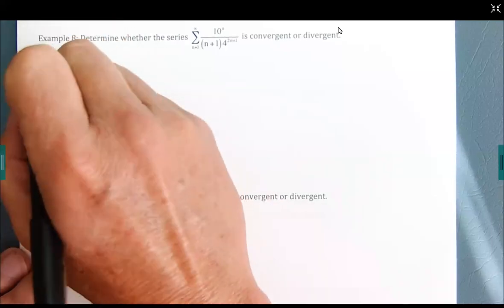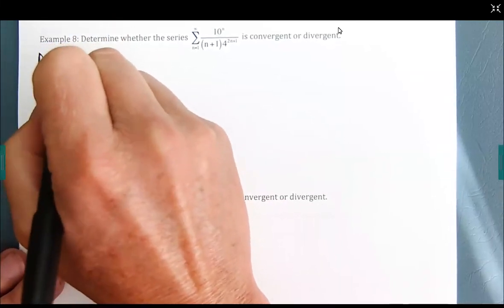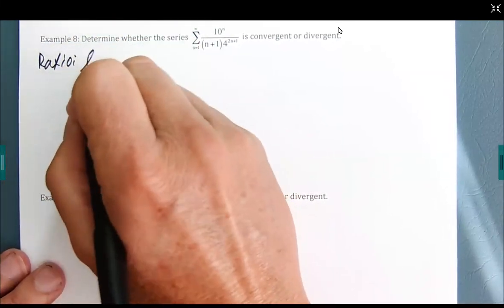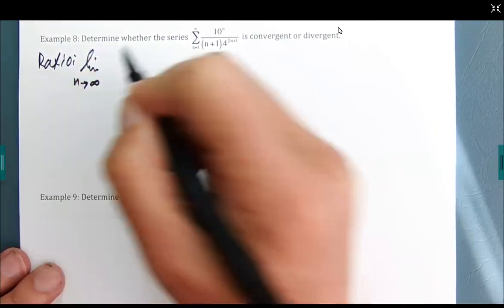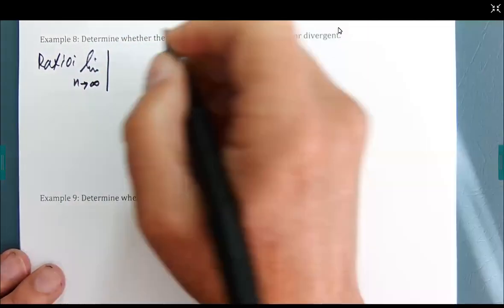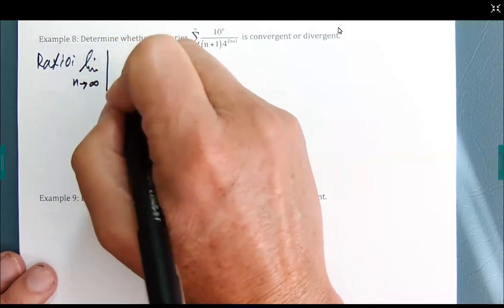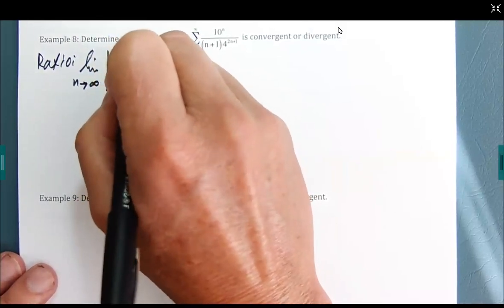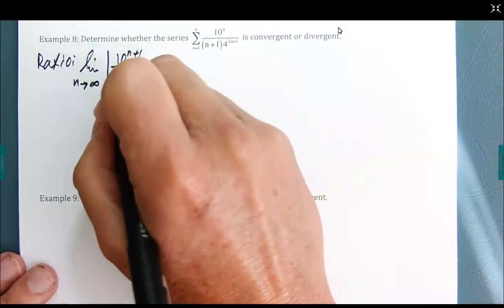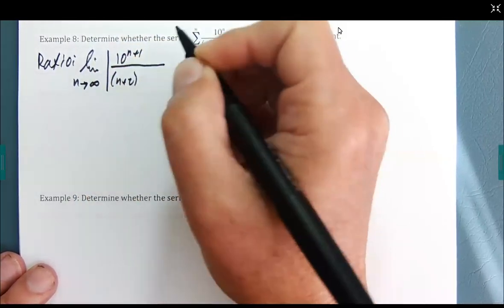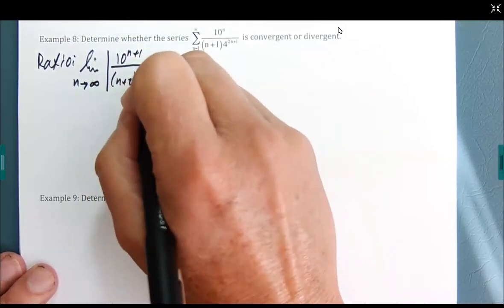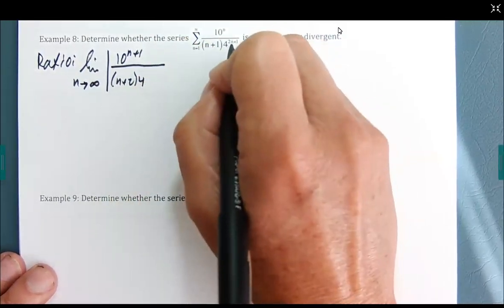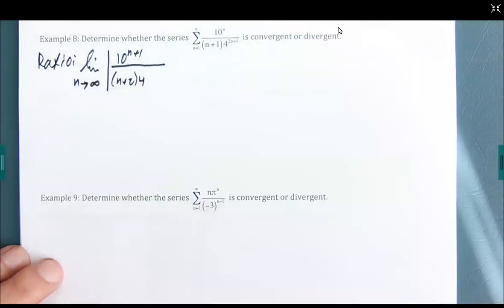So let's do the ratio test. Remember the n plus 1 is going to be at the top. Now, when I plug in n plus 1 there, let me kind of show you what I mean.